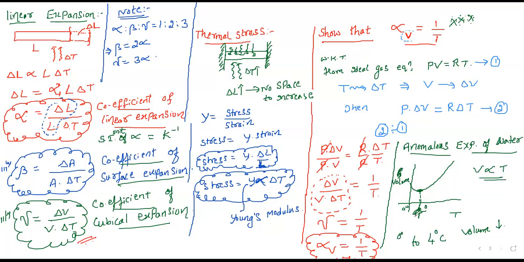But from 0 degrees Celsius to 4 degrees Celsius, the volume starts decreasing as the temperature increases. That abrupt, reverse behavior is what we call the anomalous expansion of water.